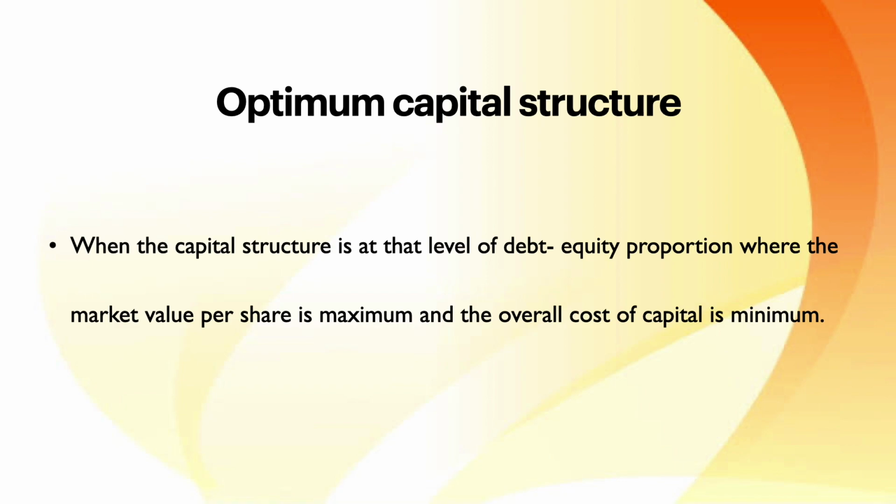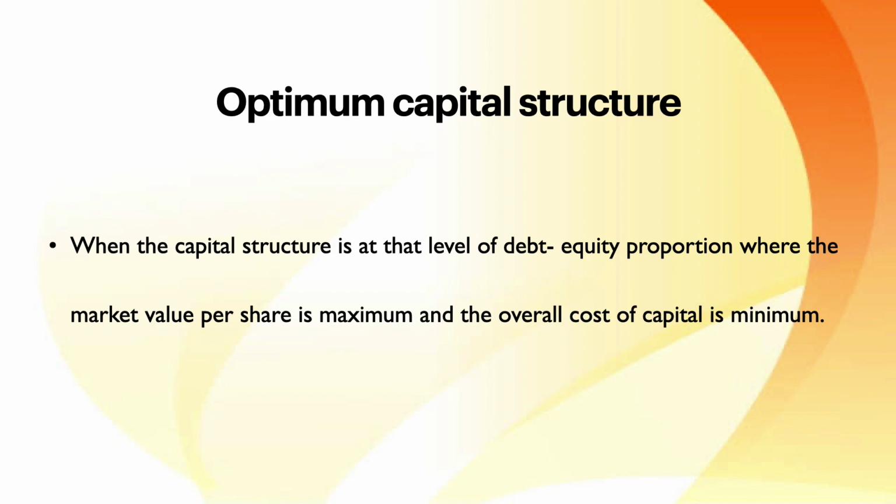That is what optimum capital structure also deals with. It says every company has to fix their level of debt equity proportion where the market value per share is maximum. Now, for companies like Infosys and Wipro, each equity share price is so high because the demand for the company is so high, the trustworthiness of the company is high, and the employability of the company is good.